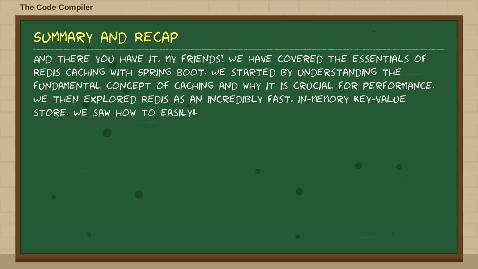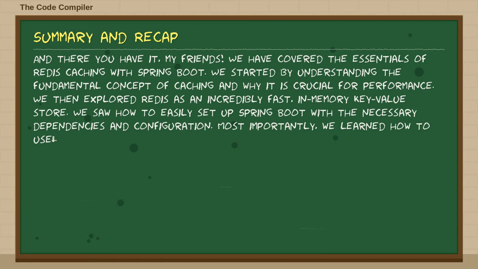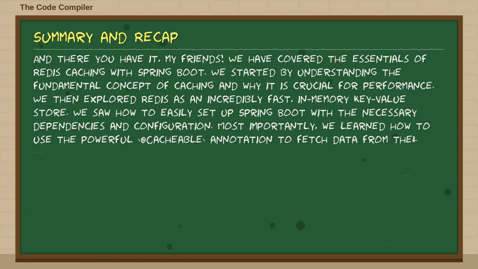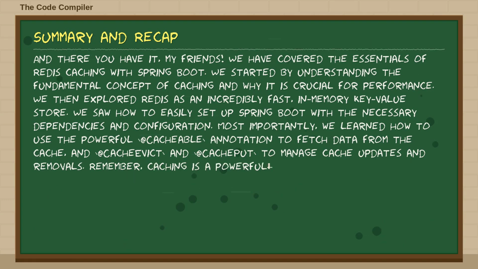We saw how to easily set up Spring Boot with the necessary dependencies and configuration. Most importantly, we learned how to use the powerful @Cacheable annotation to fetch data from the cache, and @CacheEvict and @CachePut to manage cache updates and removals.